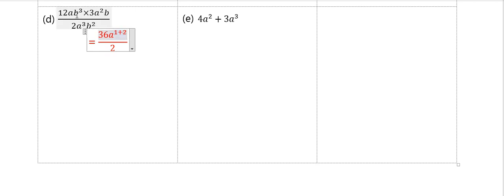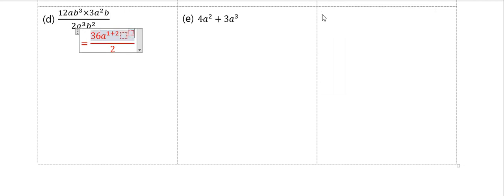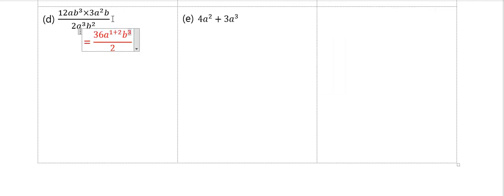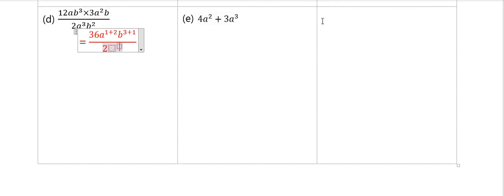And then b cube times b: b power 3 multiplied by b, so b power 3 plus 1, all right? And then the bottom one should be 2a cube, and then b squared. Okay, so far so good.